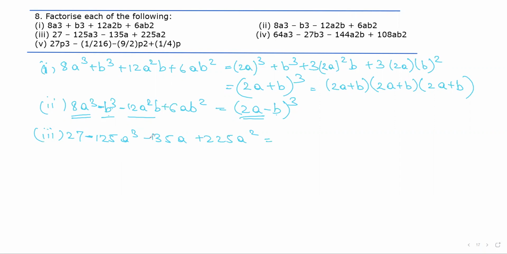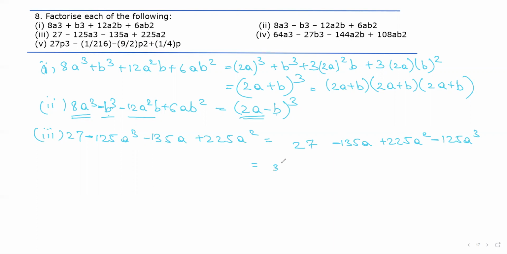If this is in the fourth position, you should have another cube. You do not have it, and a's power should be increasing from right to left, which is minus 125a cube plus 225a square minus 135a. So your first value by default becomes 27.